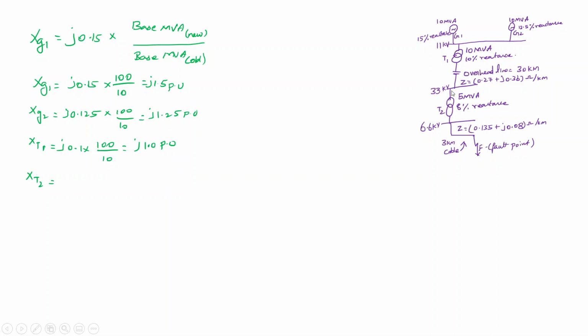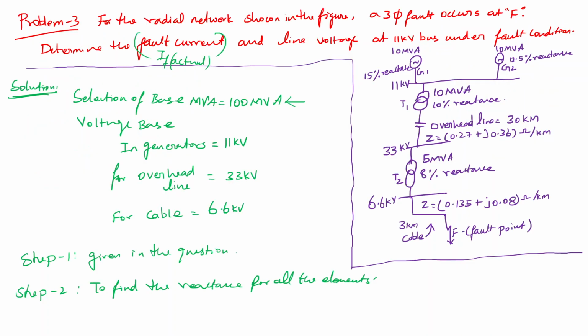Even if it is the high voltage side, it is 33 kV, so 33 kV divided by 33 kV, whole square, will be the same. Why? Because I am considering the overall voltage at the high voltage side as 33 only, so there is no change in the voltage base. Do you get my point?